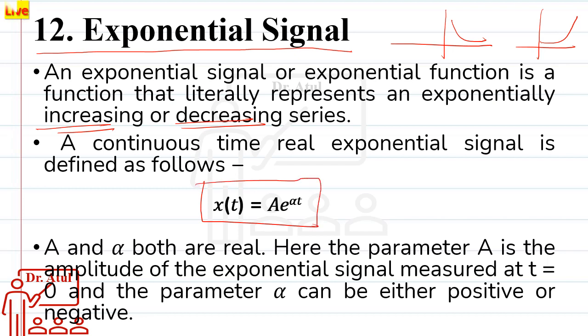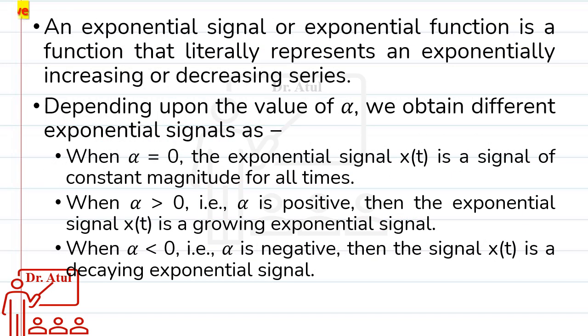If alpha is positive, then this is increasing. If alpha is negative, then this is decreasing. So an exponential signal can be either increasing or decreasing.